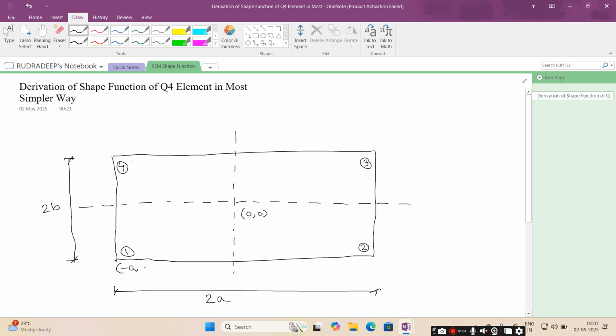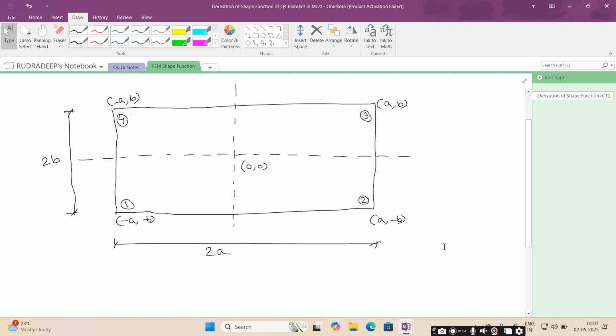This one will be minus a minus b, this one is a minus b, third one is a b, and the fourth one is minus a b. These are the four corner nodes of this quadrilateral.